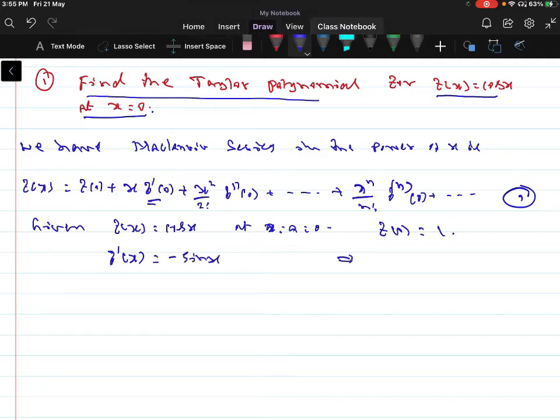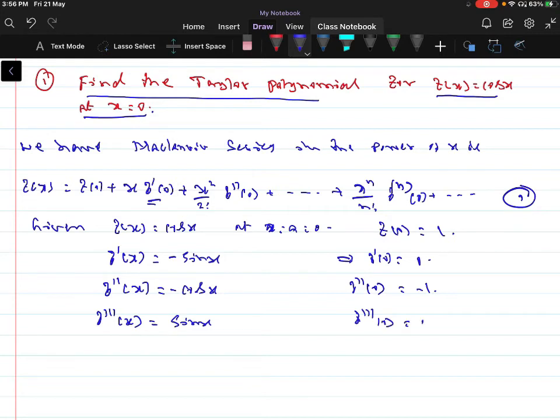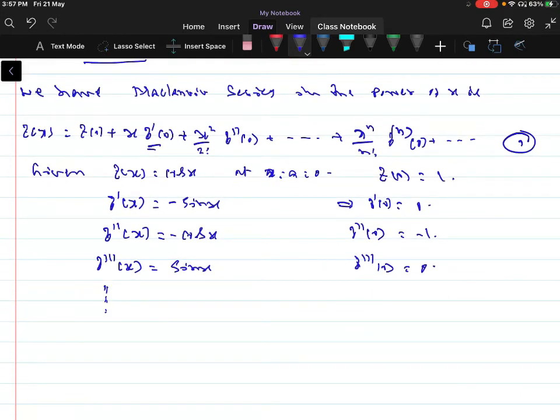So f dash of 0 is minus sin 0, which is 0. Differentiate f dash of x, we get f double dash of x equal to minus cos x. So f double dash of 0 is minus 1. Differentiate once again, f triple dash of x is sin x. So f triple dash of 0 is equal to 0 and so on.